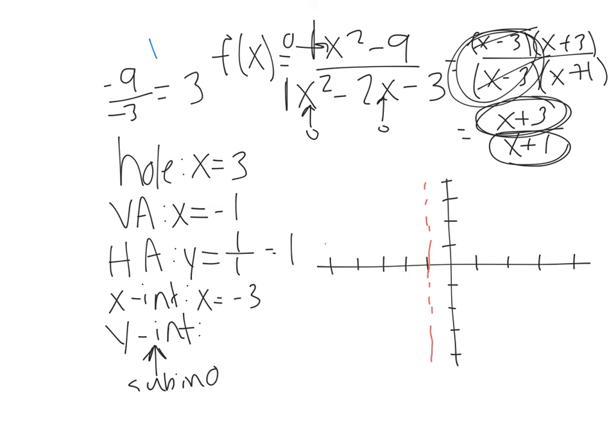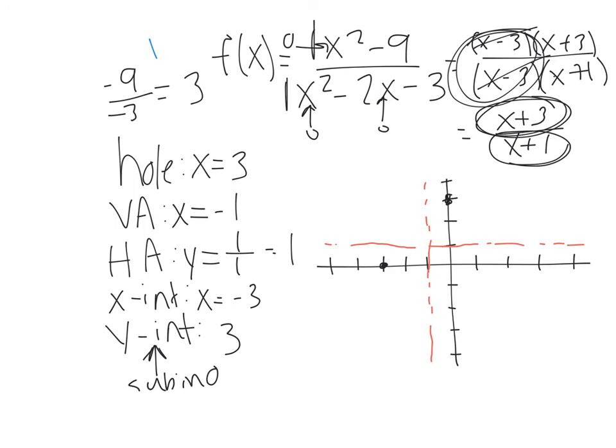At +1 on the y, I have a horizontal asymptote. I have an x-intercept at -3, that's right there, and I have a y-intercept at positive 3. 1, 2, 3. Already you can kind of see what this is going to look like.